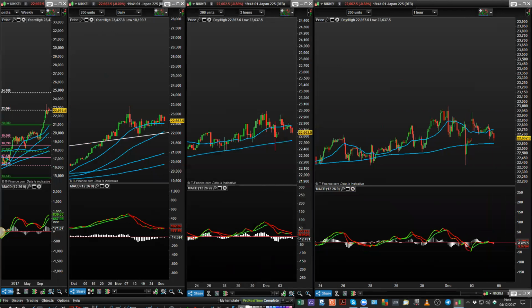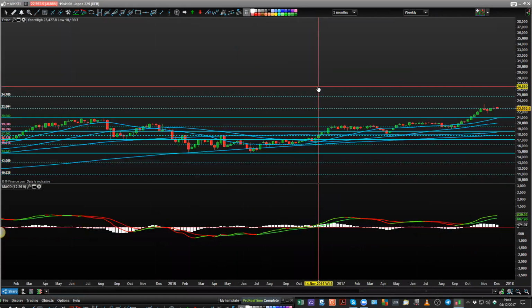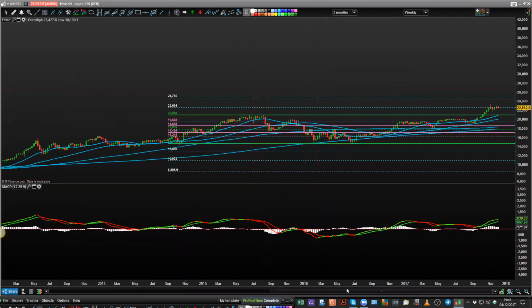Yeah, but the bigger the time frame, the better. I mean, look at this Nikkei at the low. I do like looking at stocks and markets with nice low MACD. It's clearly divergent. There's a clear divergence down there.